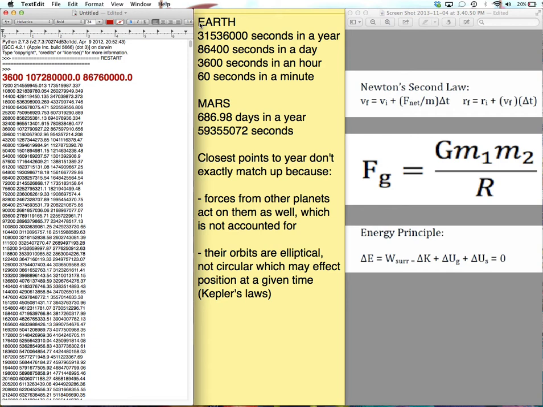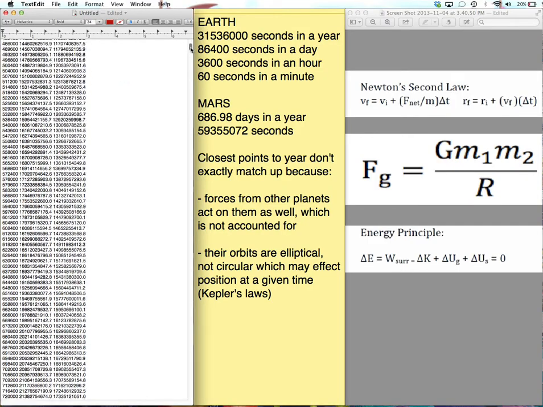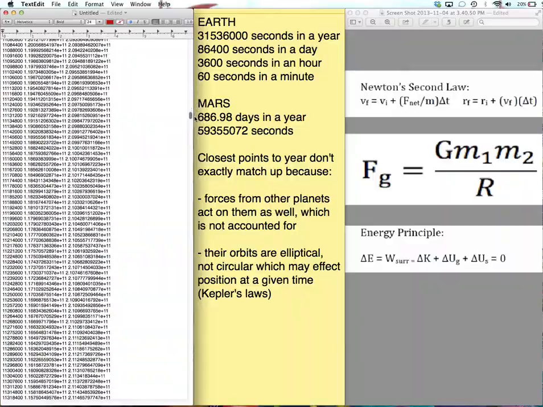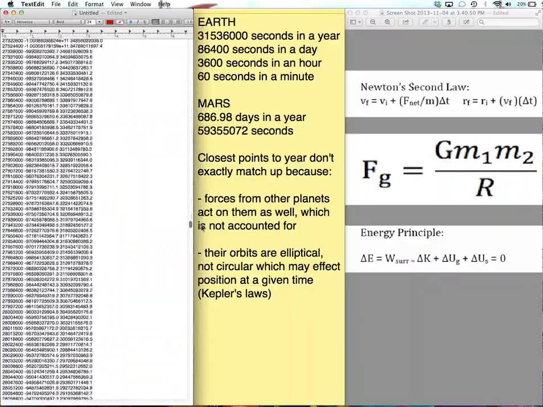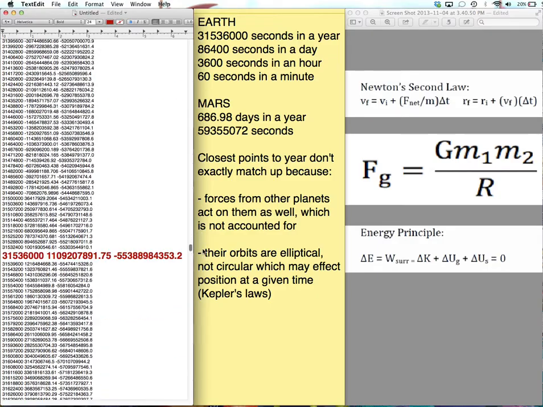The next time, a number close to the y Earth position value shows up at 31,536,000 seconds, which is the length of 1 year in seconds.